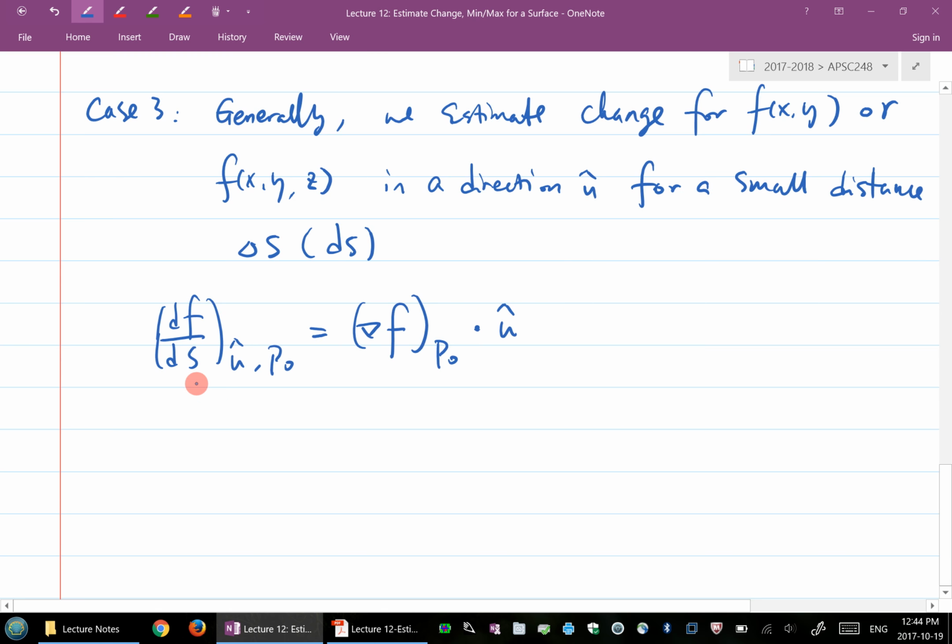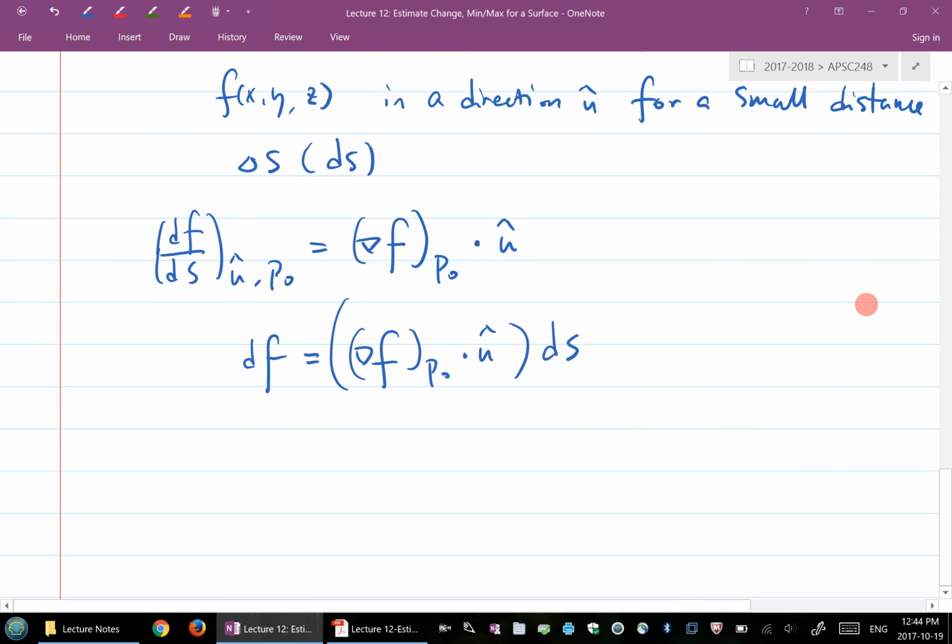So I multiply ds to the right side of the equation, and then I get df equals the gradient of f at p naught dot u hat, times ds. This is directly from the directional derivative formula.